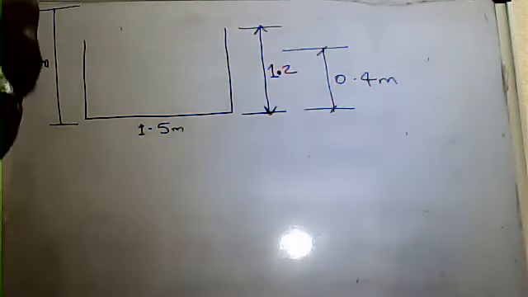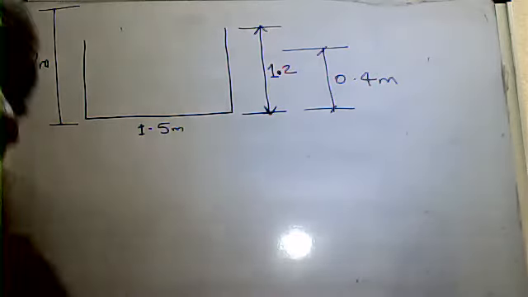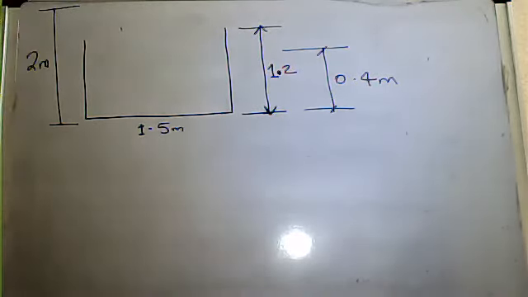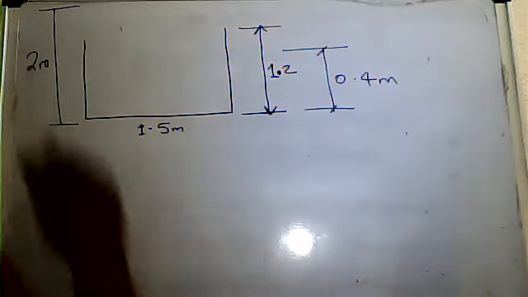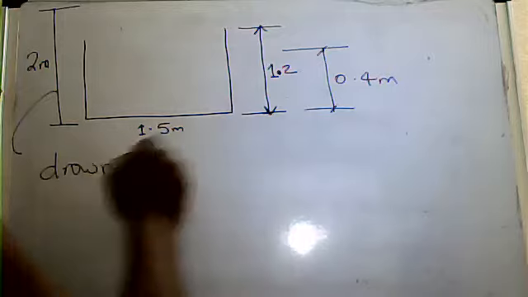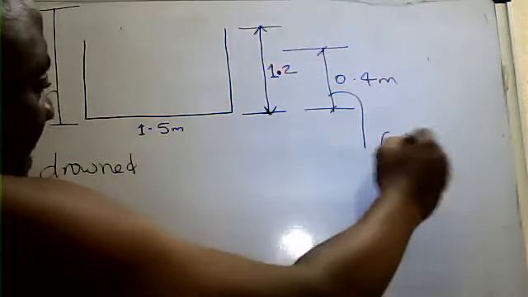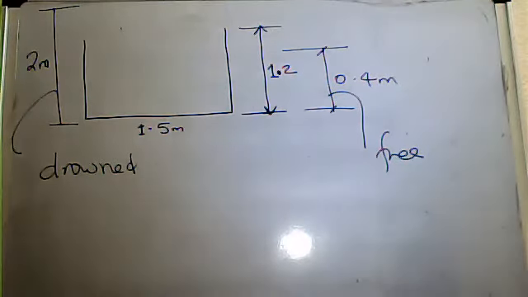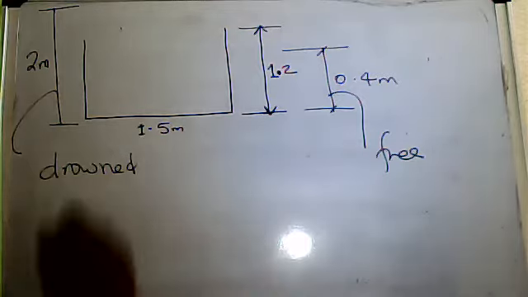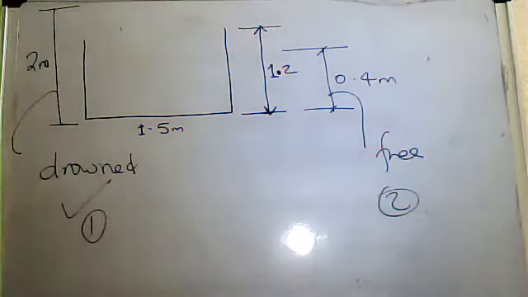So what it is, gentlemen, here, there are two orifices in one. Why? Because where it is 2 meters, it shall be called a drowned orifice. Where it is 0.4, it means the other part is open to air. This is the free part. So even in our calculation, we are going to calculate the discharge for the drowned part and the discharge for the free part.